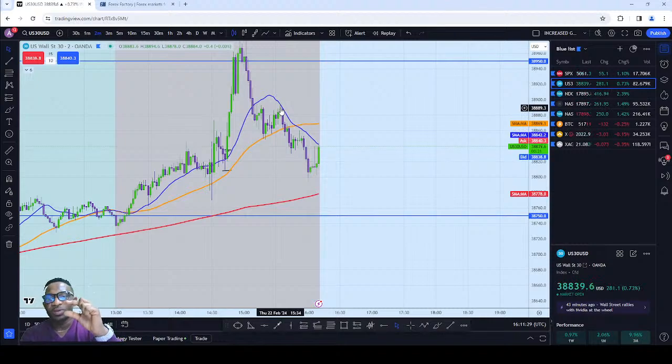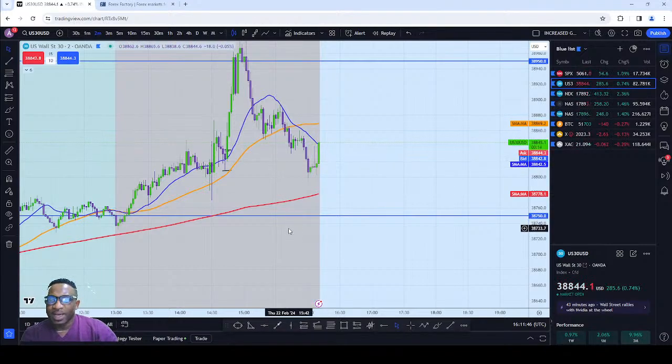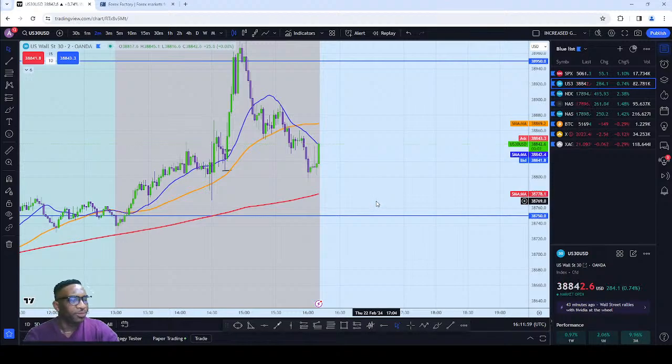If it's 50 pounds, if it's 20 pounds, $20, $50, whatever amount it is, you are just prepared to lose this amount. So that is why we put in our stop loss. You can play it as it suits you, but the best way is to follow the main trend and ride with it.